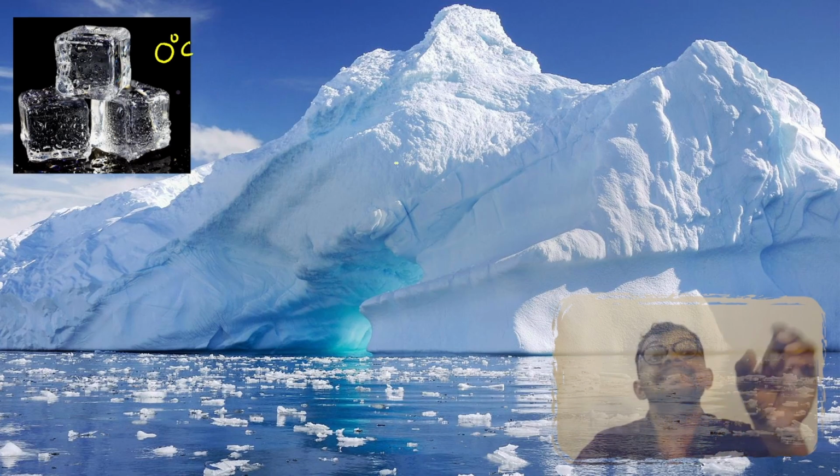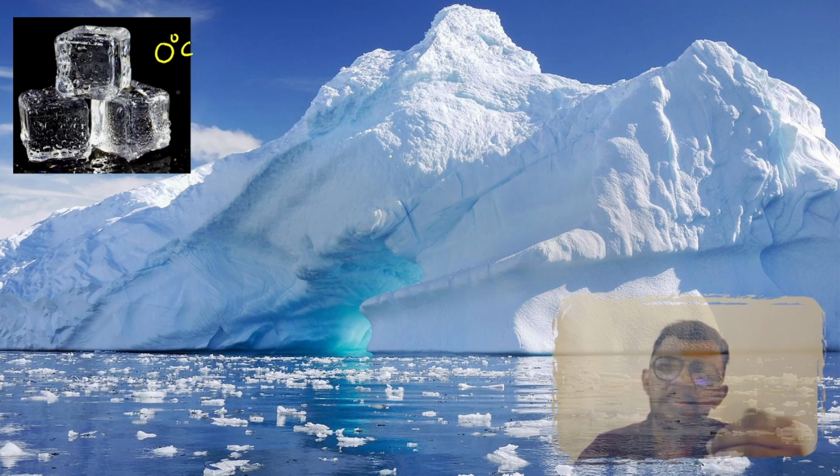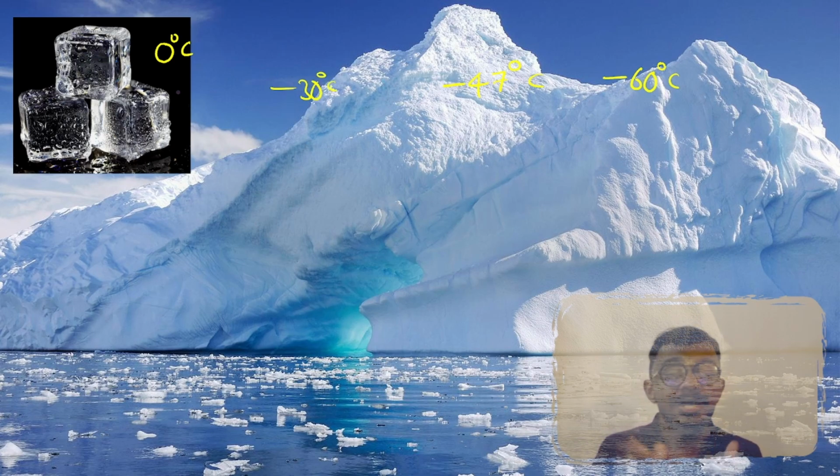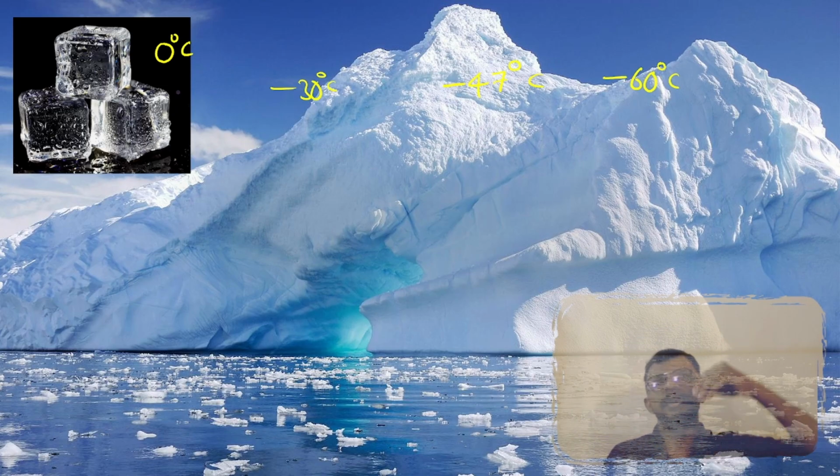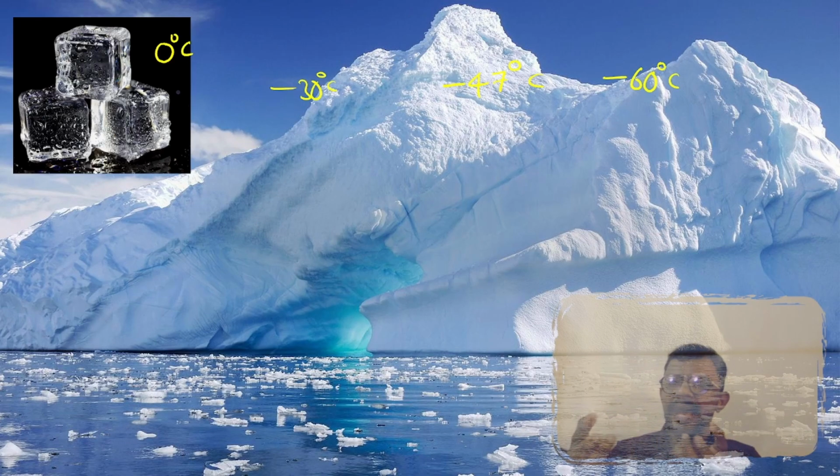We define something as 0 and we need numbers even below it. So we use negative numbers, something like minus 47 degrees, even minus 60 degrees Celsius, minus 30 degrees Celsius. All these temperatures are present in different locations of Antarctica and the Arctic. So that's another use of negative numbers. Sometimes we define something as 0 and later we understand that we need numbers even below it.